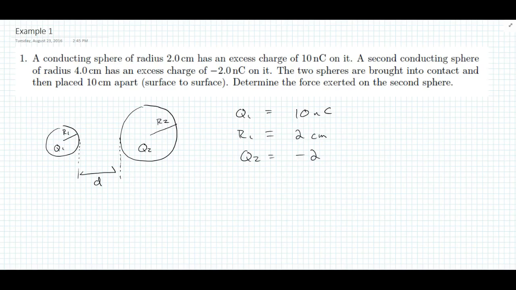Q2 is the negative 2 nanocoulombs, R2 is 4 centimeters, and then this distance is 10 centimeters. So we need to calculate what the force exerted on the second sphere is. So we're looking for the force exerted on this sphere. Now the force is a vector, of course. We can calculate what the magnitude of this vector is, but we also need to make sure that we know what the direction of that vector is.